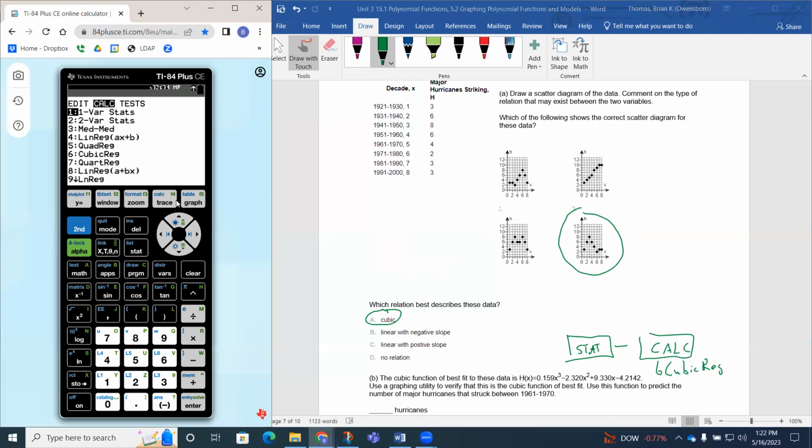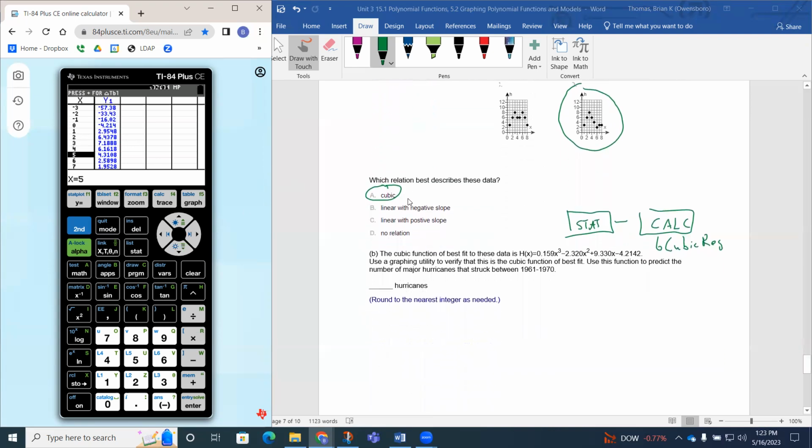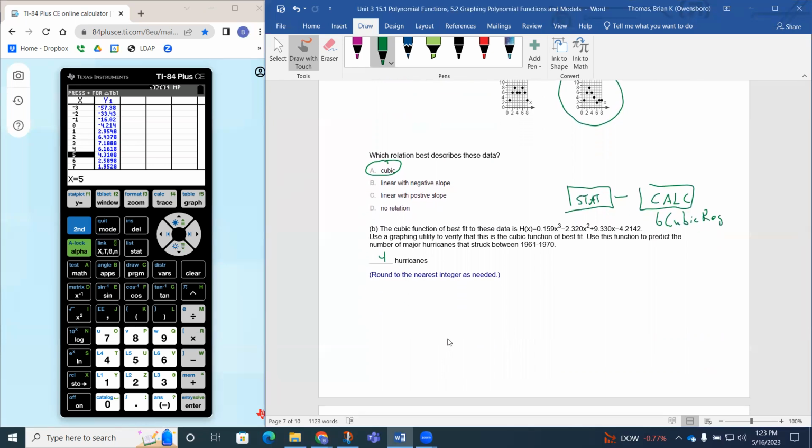If I go to the table and go to 5, this says 4.31, so that rounds to about 4 hurricanes as well. Notice how it said round to the nearest integer, so whole values, no decimals. So 4.3 would round down to 4, not up to 5. So that does mirror what the actual was.